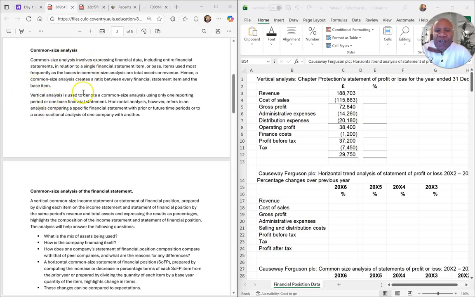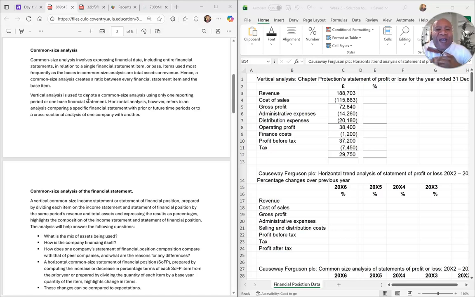As you can see here, this basically involves the expression of data, including entire financial statements, in relation to a single financial statement item, or a single financial statement base.